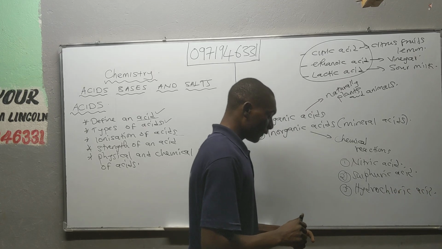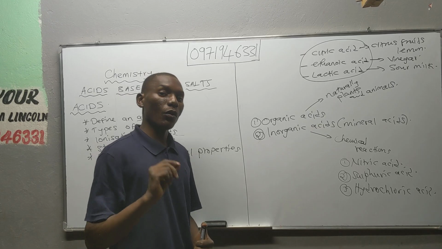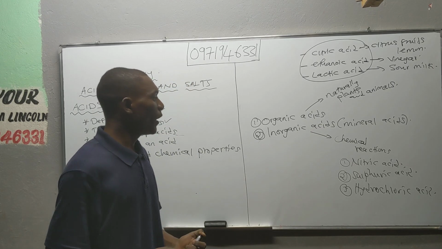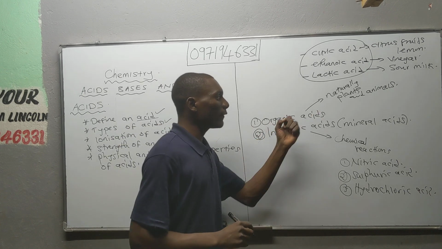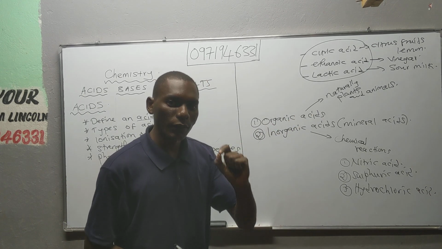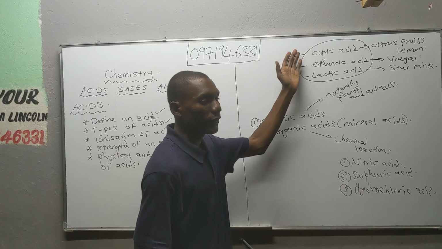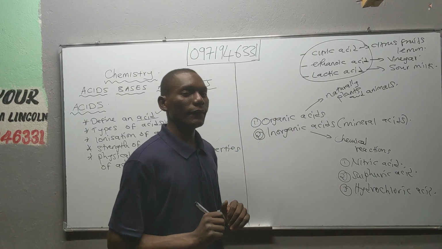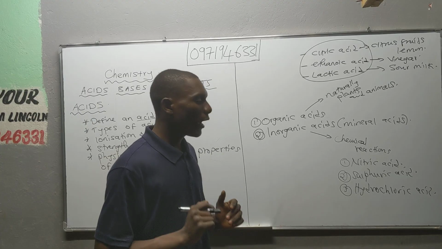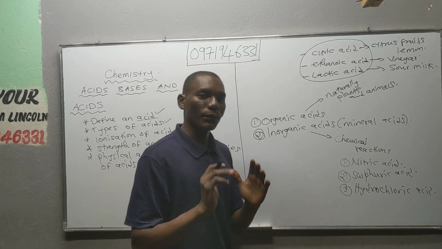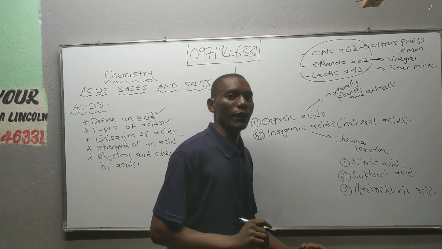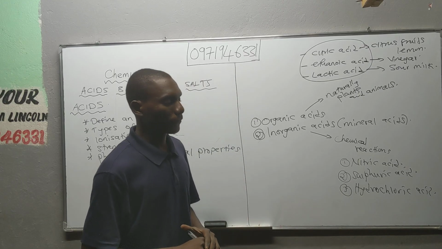Hydrochloric acid is also an example of an inorganic acid. So remember, organic acids are acids naturally found in plants and animals. Inorganic acids, also known as mineral acids, are acids obtained through chemical reactions, and these are some of the examples.